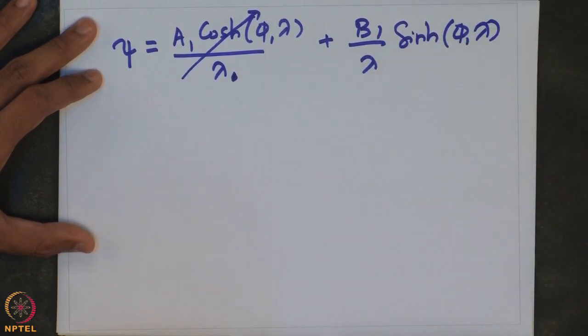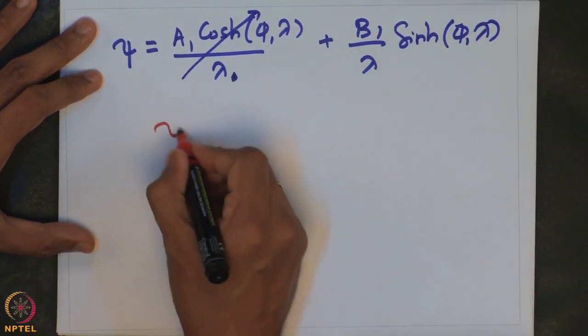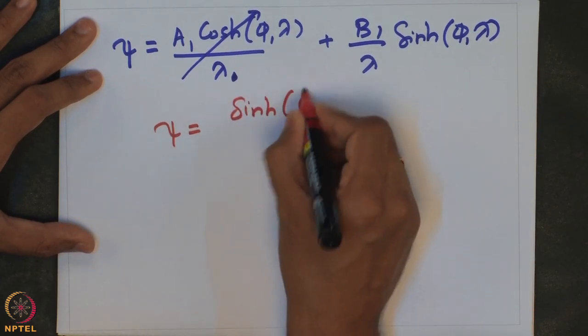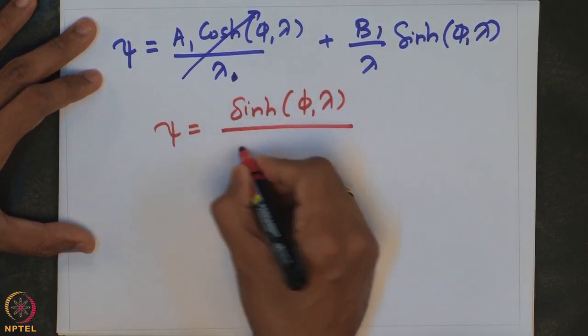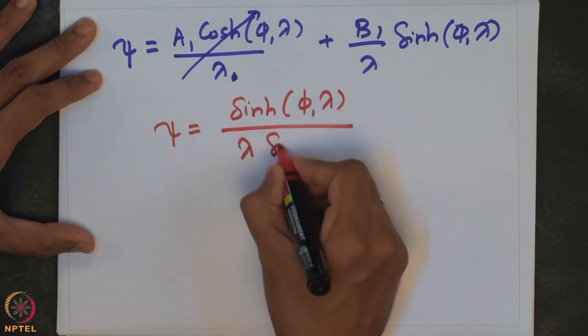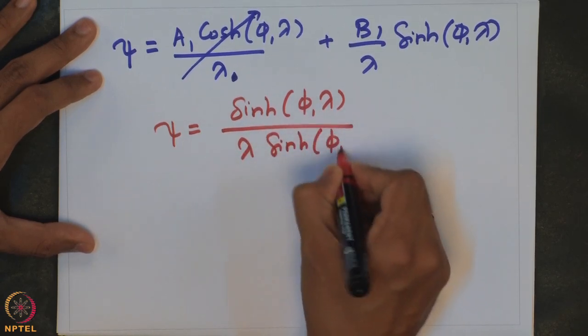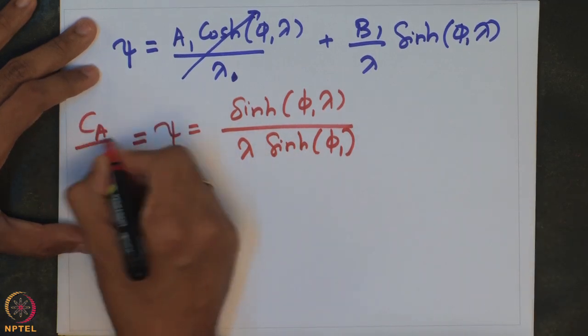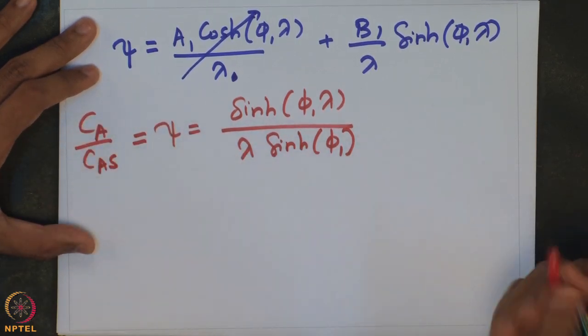Substituting b1, psi is equal to sine hyperbolic phi 1 lambda divided by lambda into sine hyperbolic of phi 1, and this is nothing but Ca by Cas. So this expression captures the concentration as a function of the radial position inside the pellet.